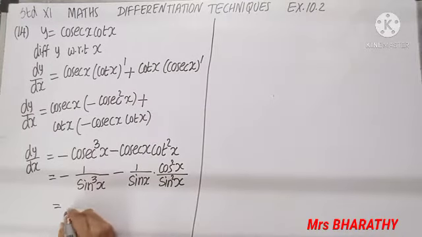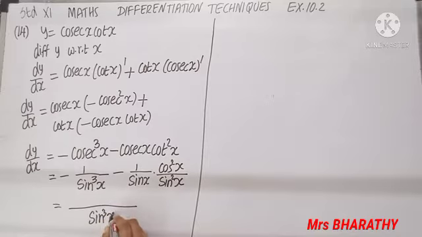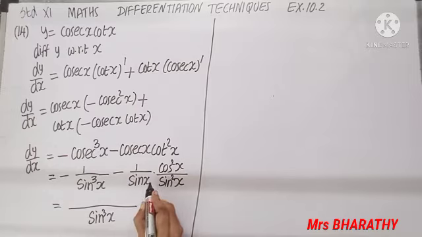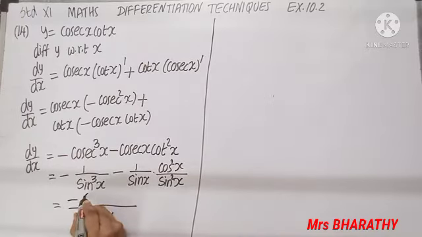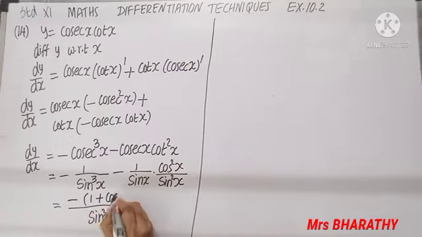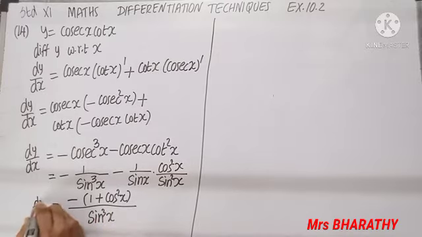As we take the LCM, it is sine cube. Sine x into sine square, again sine cube. So sine cube is common. Take minus sine out. We are left with 1 plus cos square x, and that is the answer for dy by dx.